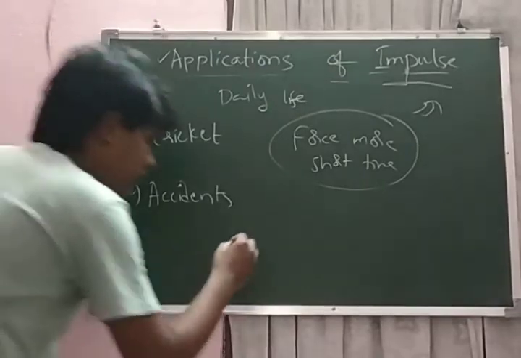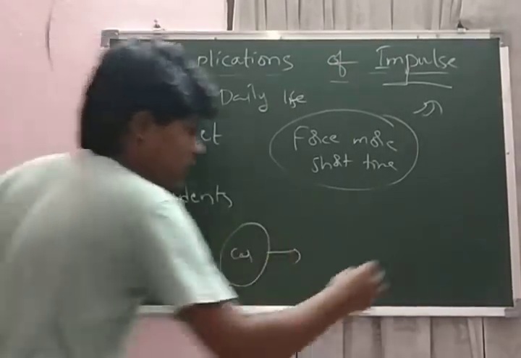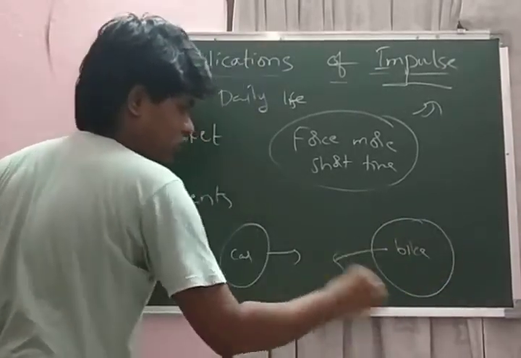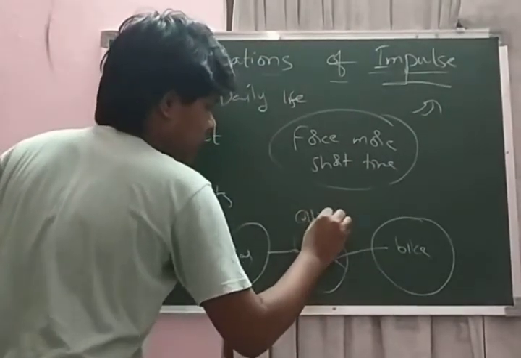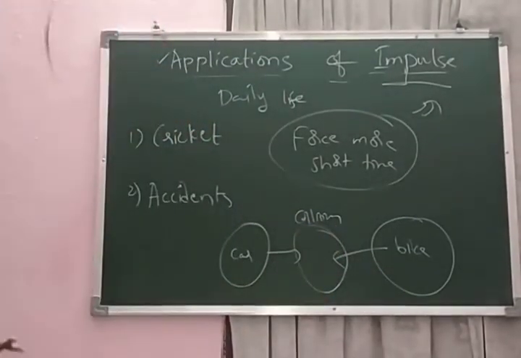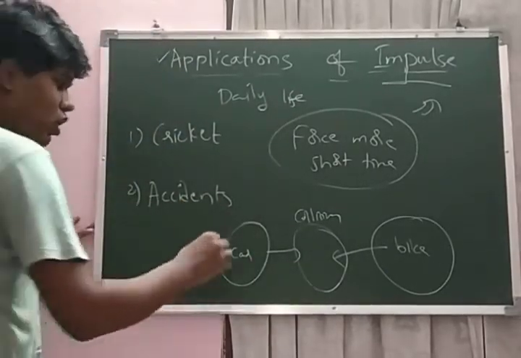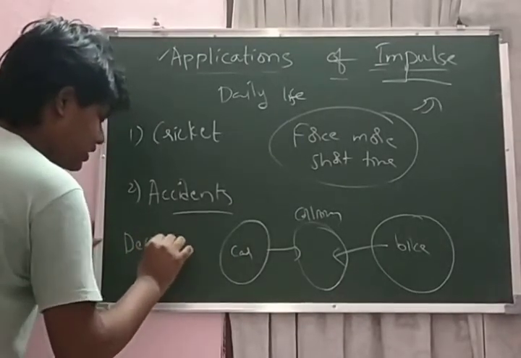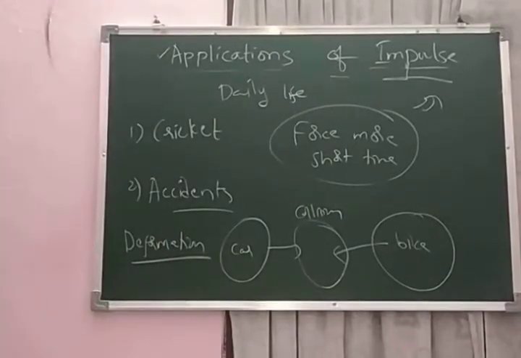For example, let us consider a car moving in this direction. In the same way, a bike is moving in this direction. When both collide, a collision occurs. As they collide with more force, deformation occurs. I told you during the collision that deformation means change in shape.